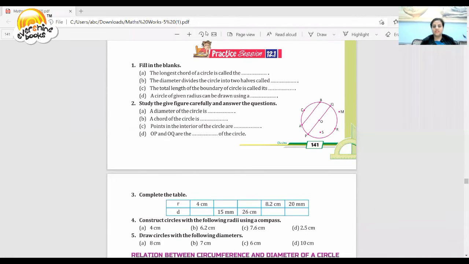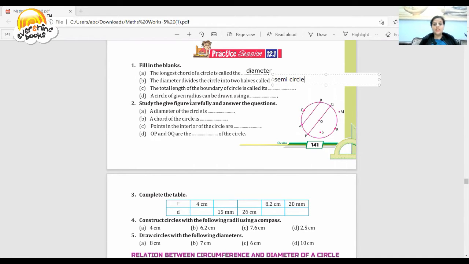The longest chord of a circle is the diameter, obviously, because it is the main part of the circle. A diameter divides the circle into two halves, and if the diameter is dividing it, it is called a semicircle. Okay, semicircle.